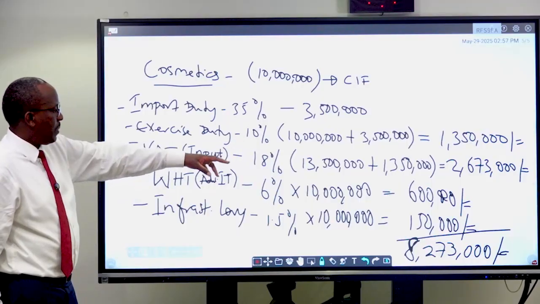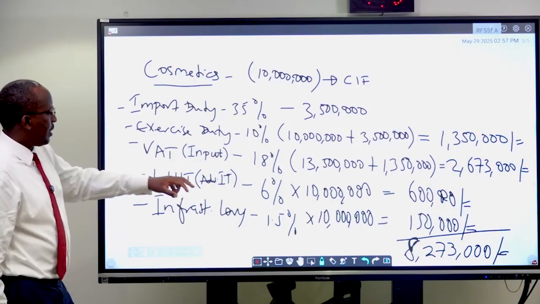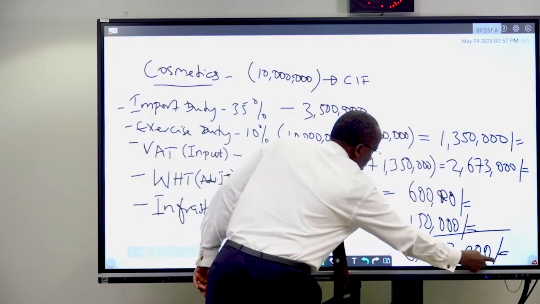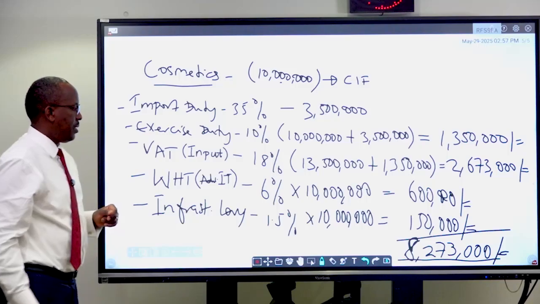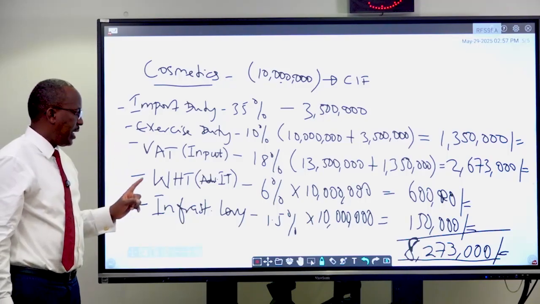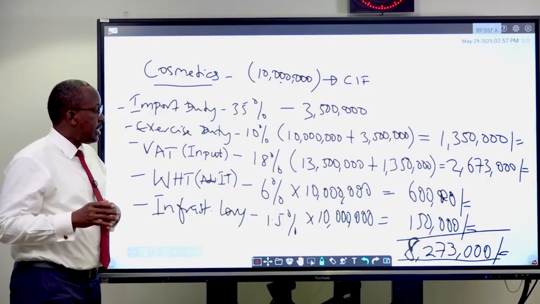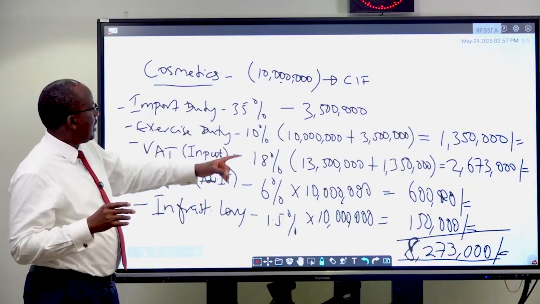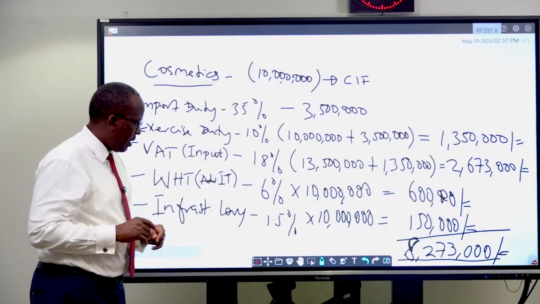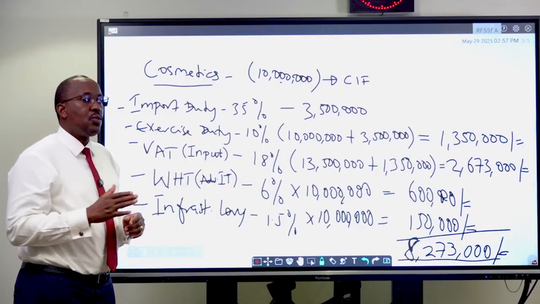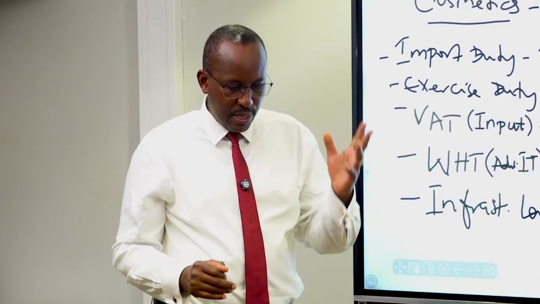So these are all taxes paid on this item of cosmetics. They add this on to the CIF of 10 million, and up to that point, these items have cost them 18,273,000. Now, they also have additional costs of running the shop, paying the workers, paying the bills, and so on.